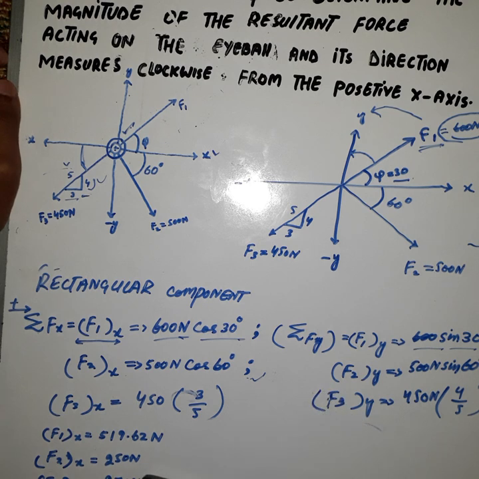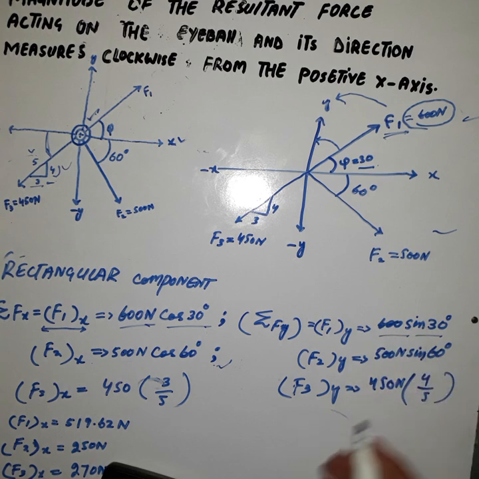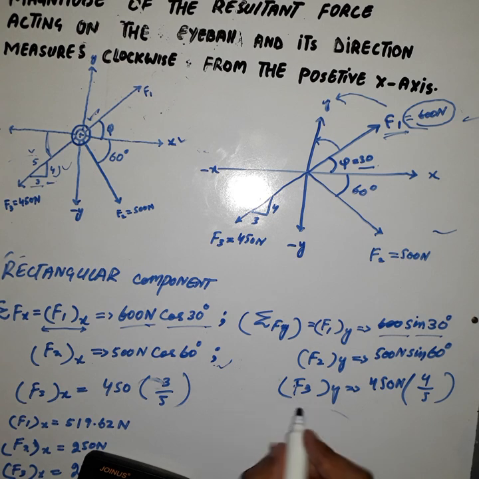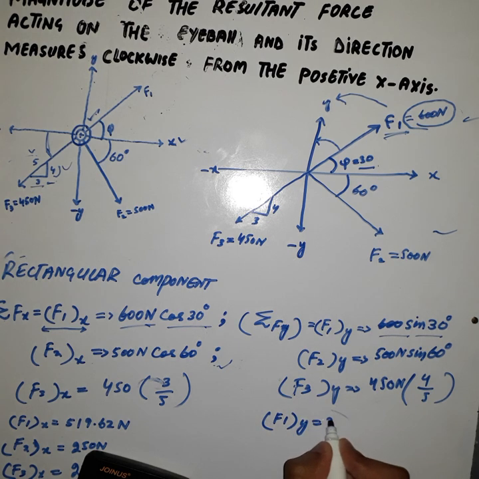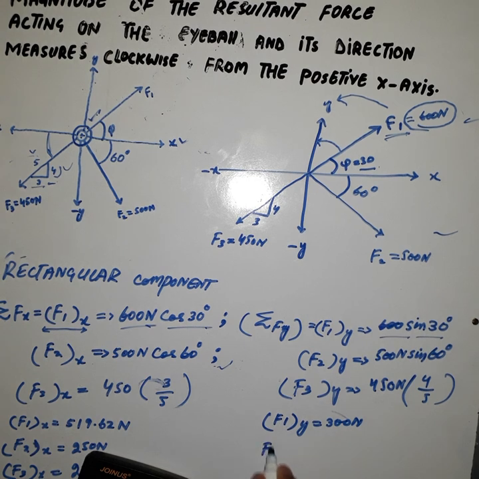Now we will find F1 of y. Multiply its force with its angle, 600 multiplied by sine 30, so F1 of y is 300 Newton. Now we will find F2 of y.